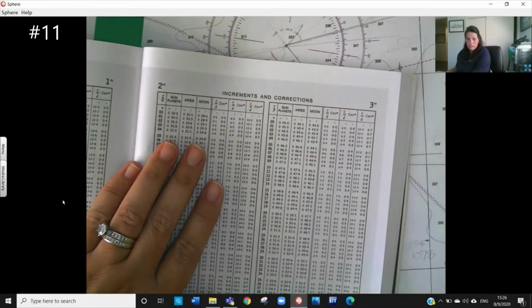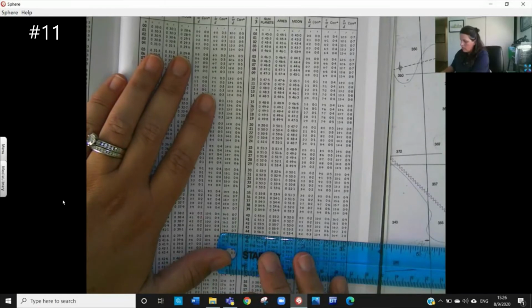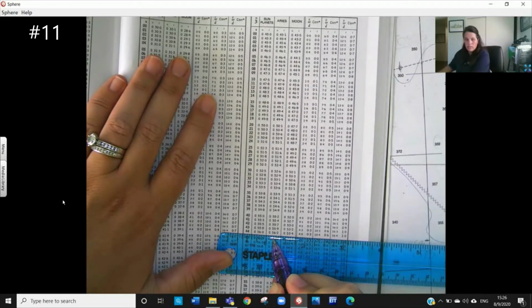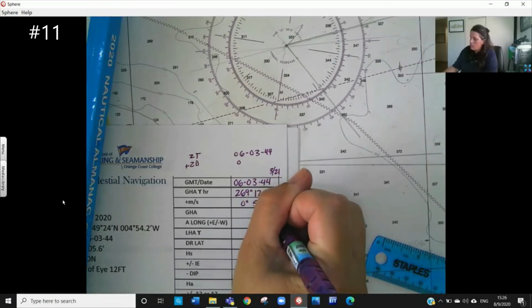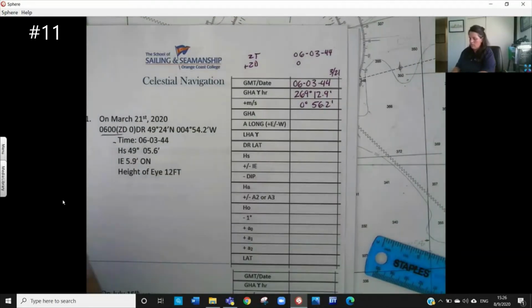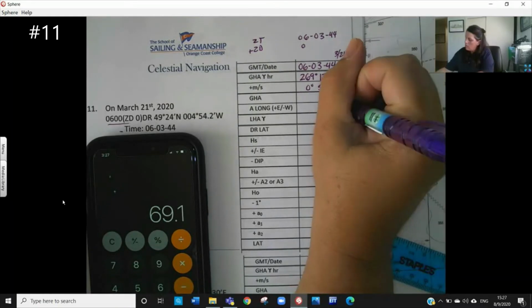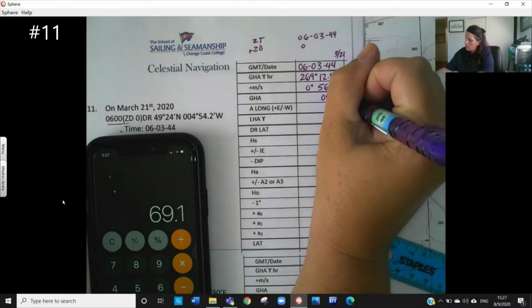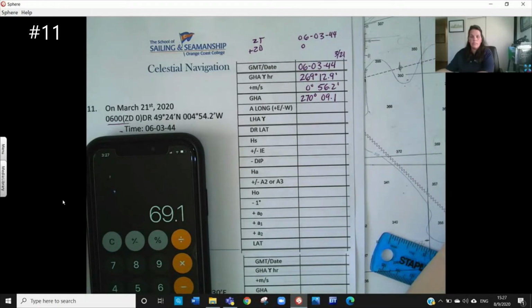So 03 down to 44 under Aries is going to give me a correction of 0 degrees, 56.2 minutes. So I have a GHA of 270, 09.1.